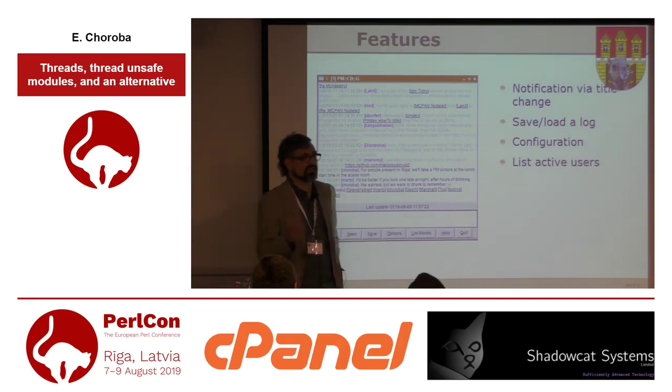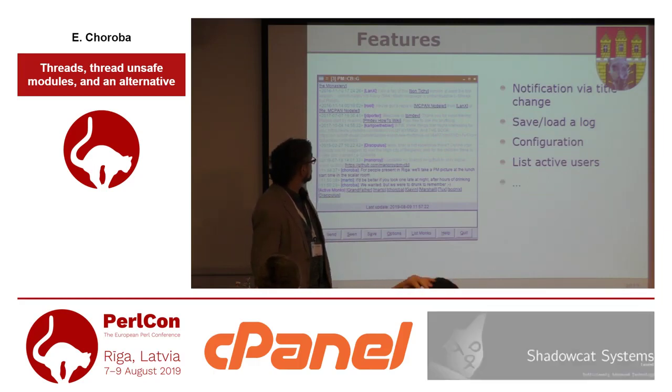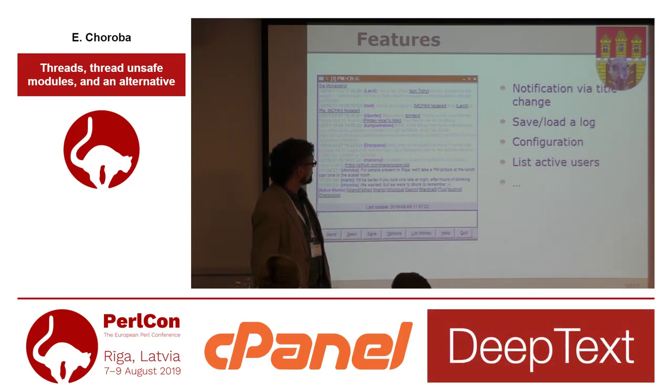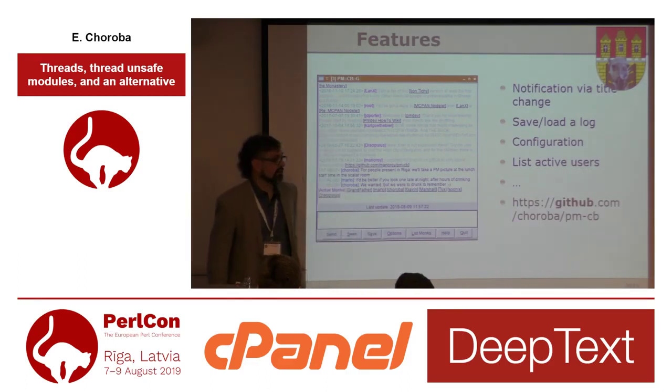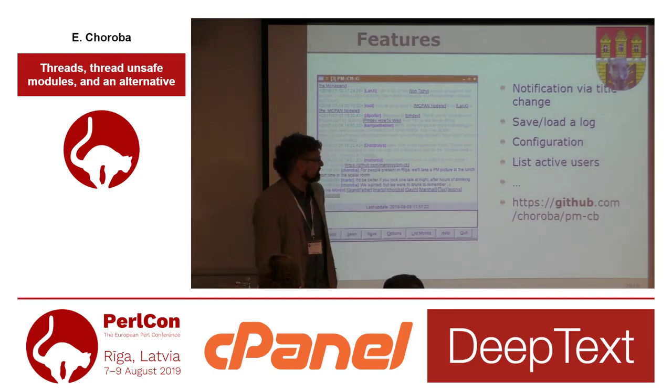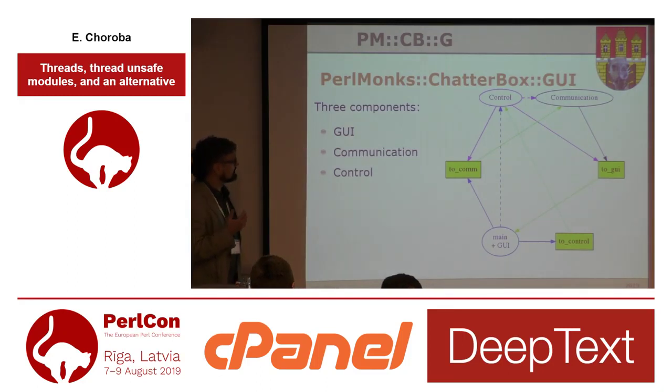You can configure it in various ways. Here it shows how you can list active users. So basically what common chatting clients provide. You can find the source code on GitHub. Patches welcome.